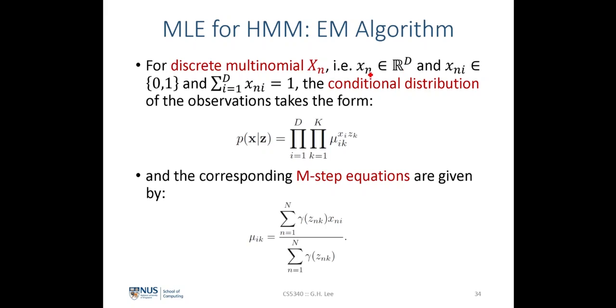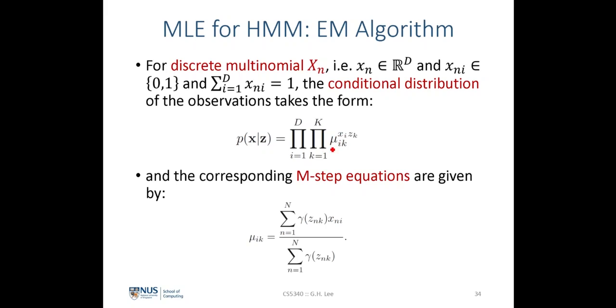For a discrete multinomial random variable x, we'll denote x as a d-dimensional random variable, which is actually a one-hot vector that represents x taking a certain state. Hence, x over here would follow a categorical distribution, which is given by this equation, where mu is the unknown parameter of the categorical distribution. If x_i equals 1, this means that the i-th dimension of x equals 1, and x is taking a particular state, the i-th state.